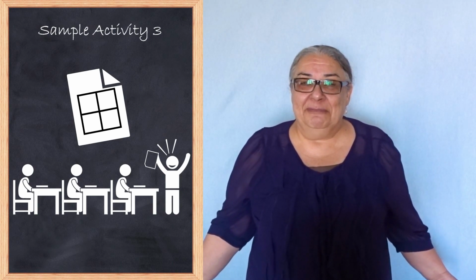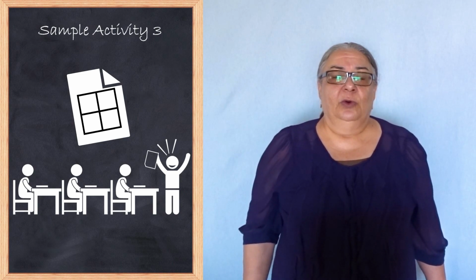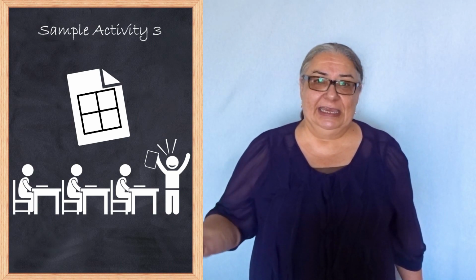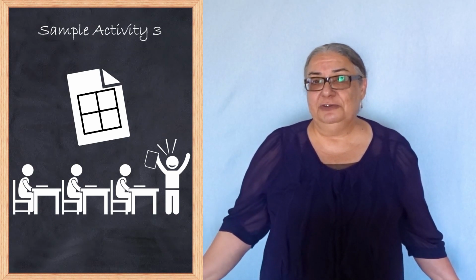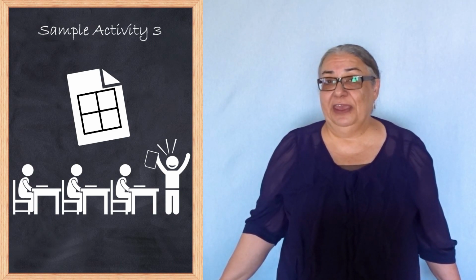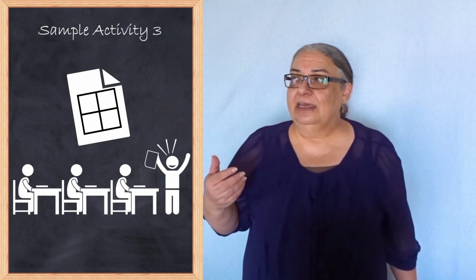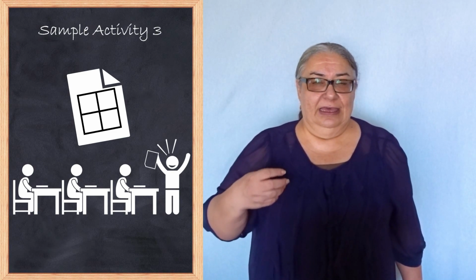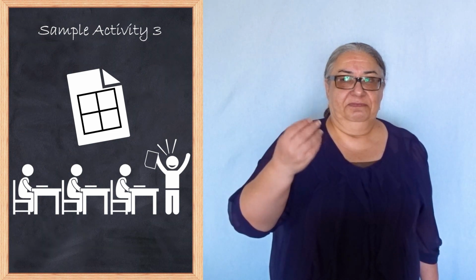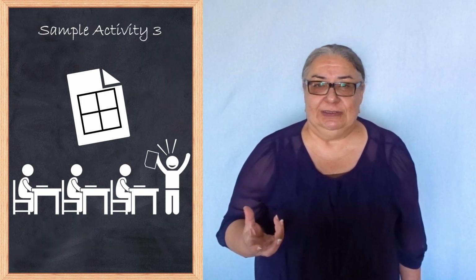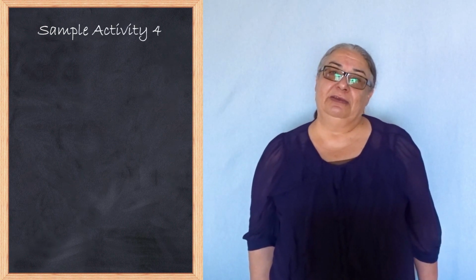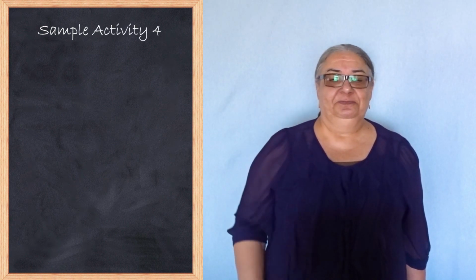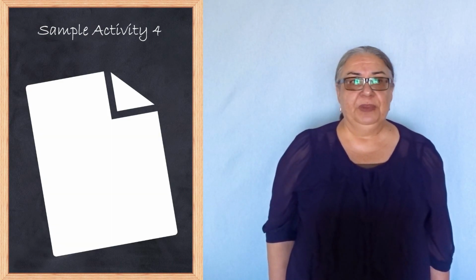Again, remember, this is not a correct answer, incorrect answer kind of activity. It's just to create a friendly and safe atmosphere and create a kind of trusting relationship between students.